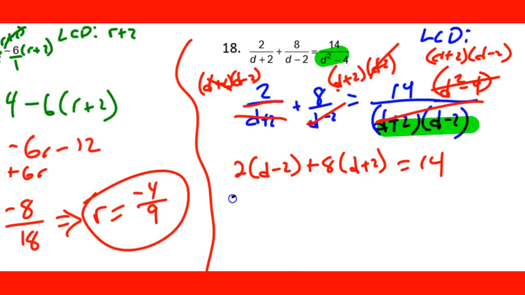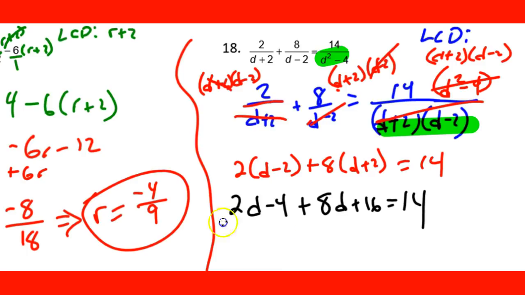I'm going to distribute the 2 and distribute the 8, and then combine like terms. 10d plus 12 equals 14.